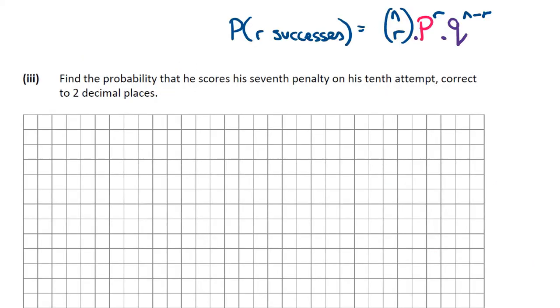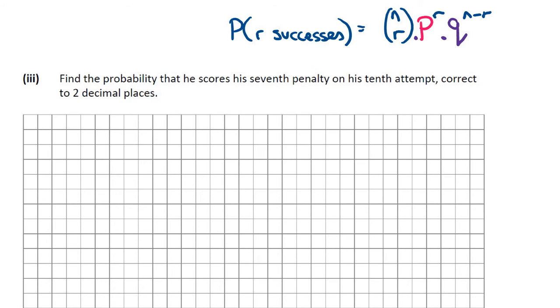In the next question you're asked to find the probability that he scores his 7th penalty on his 10th attempt, correct to 2 decimal places. We're looking at two things here. If he's scoring his 7th penalty on his 10th attempt, then he must score 6 of the first 9. That's where we use our Bernoulli trial. Then we multiply by the probability of it happening on that 10th attempt.